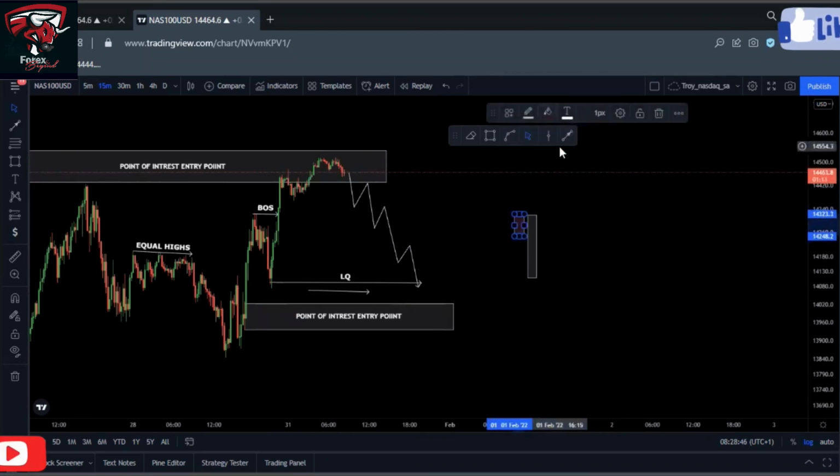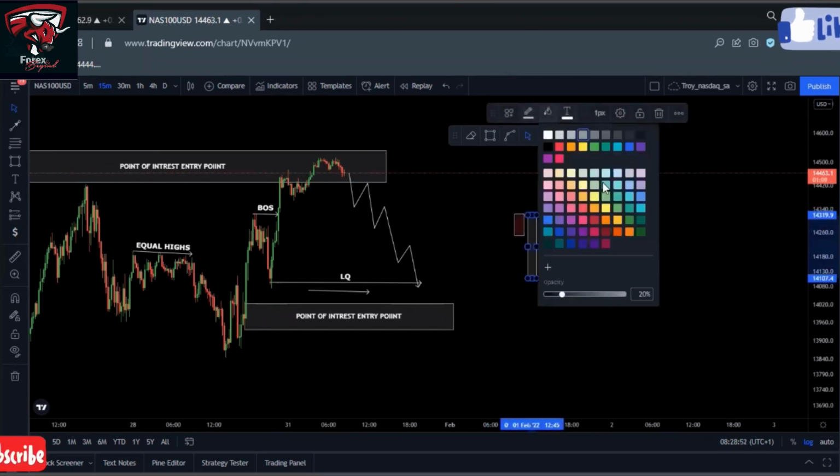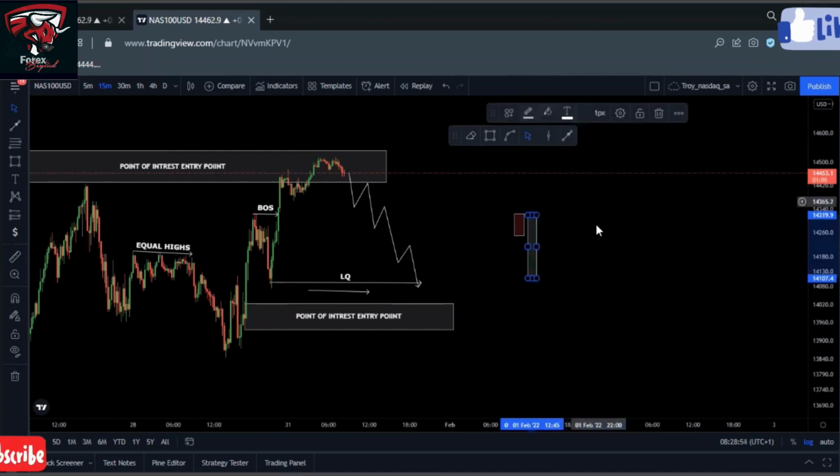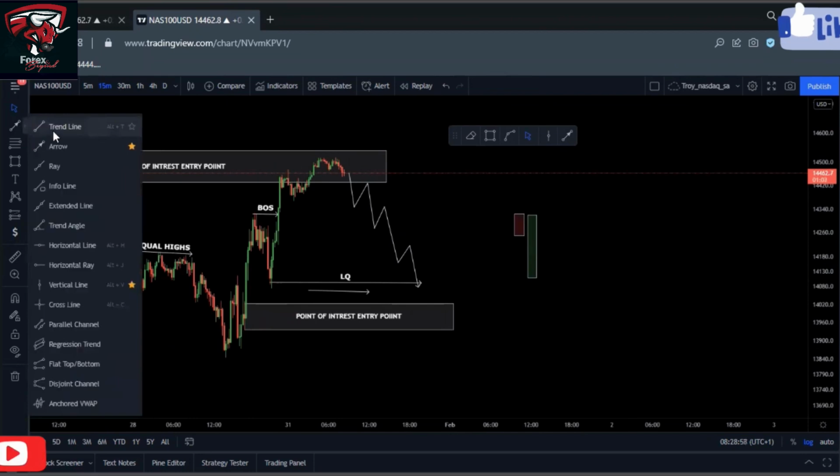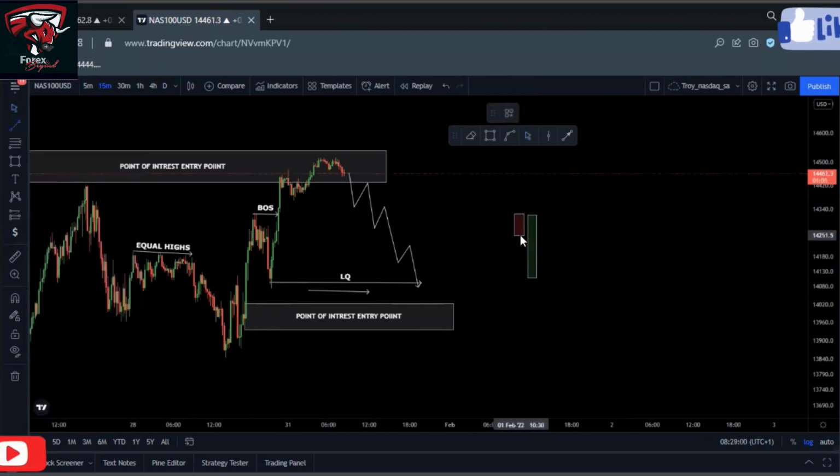This is red. This is green. This is just an example, so everyone can understand how to identify a valid order block.